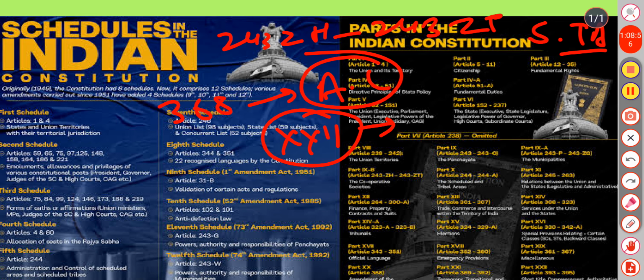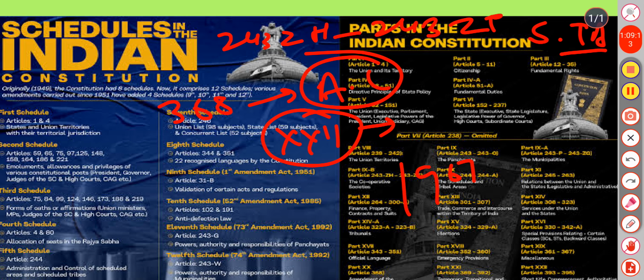Now let's move to some important cases of the constitution. First thing is Golaknath case, 1967.